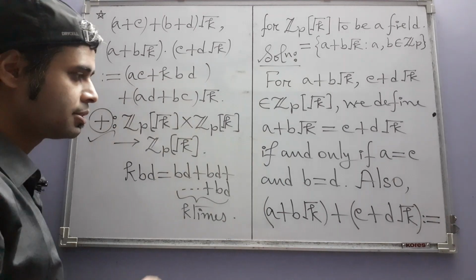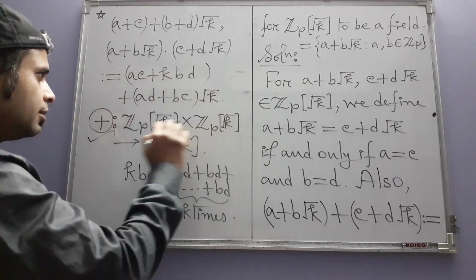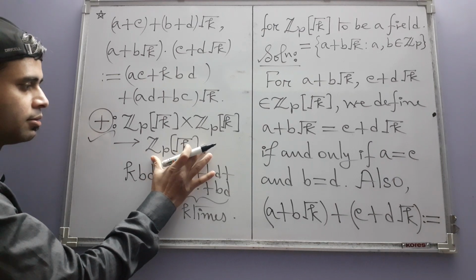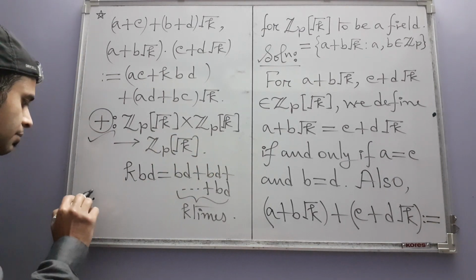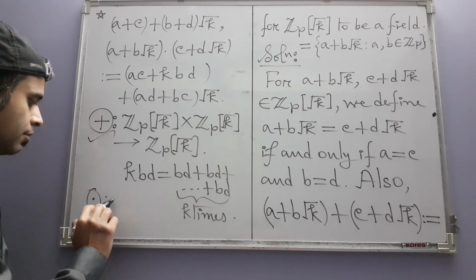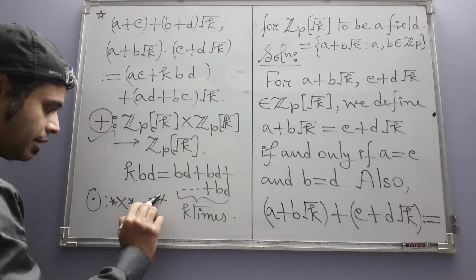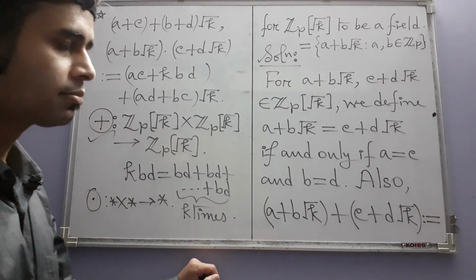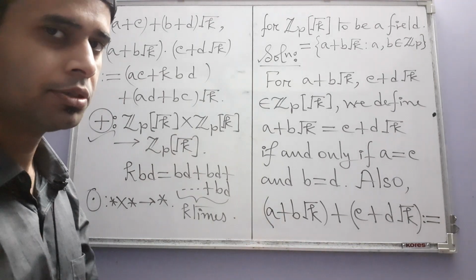So AD plus BC is a unique element in ZP. So this again is a unique symbol in this set. So just like addition, the product is also a well-defined binary operation. Fine.